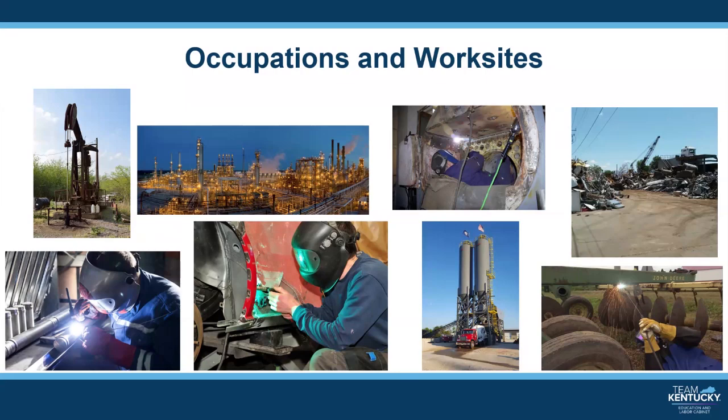Pipe fitters and boiler makers could be subcontractors moving from one location to another, with different hazards at each location, and they might have a different contact person or employer at each location.